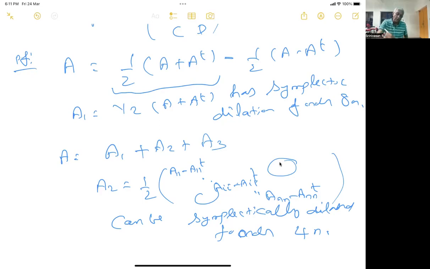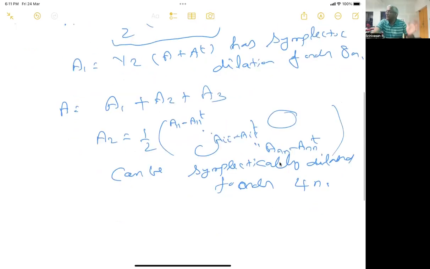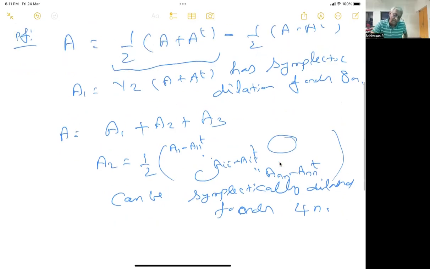So this is it. Only we have to handle this A3. Now we have to handle this A3 and then the sum also. To handle the sum, notice that if you multiply by any number k, each entry will be multiplied by k, and that is just a 2 cross 2 matrix. That again can be dilated, and the direct sum can be dilated. So any k times A2 can be dilated.